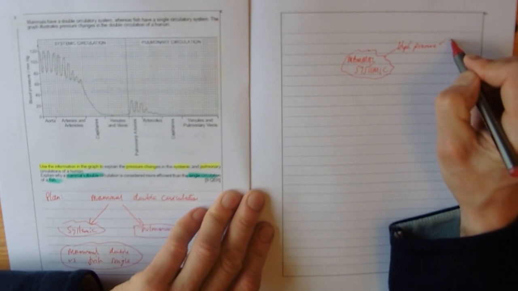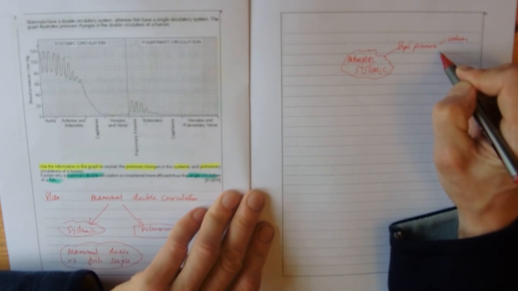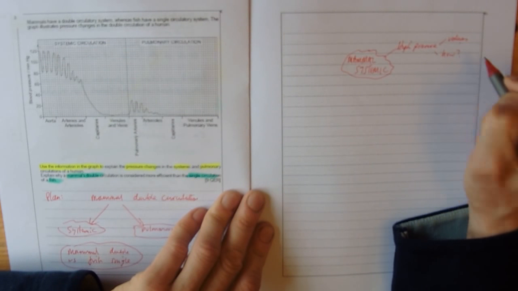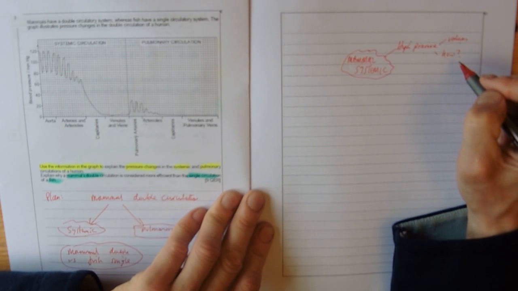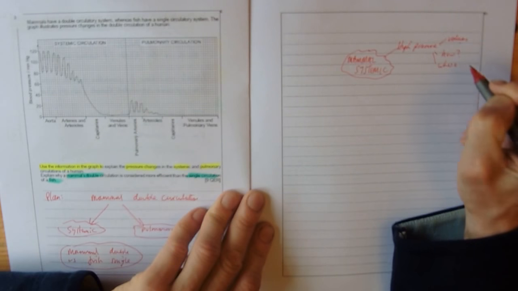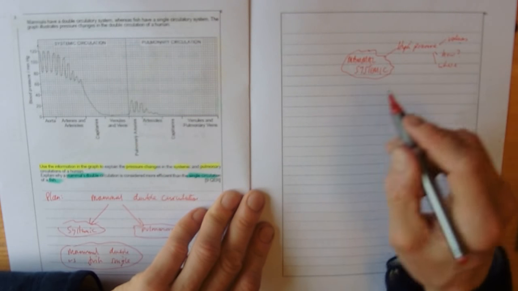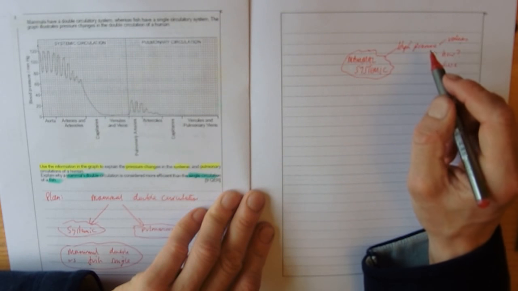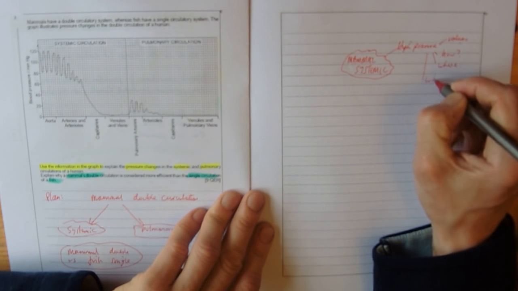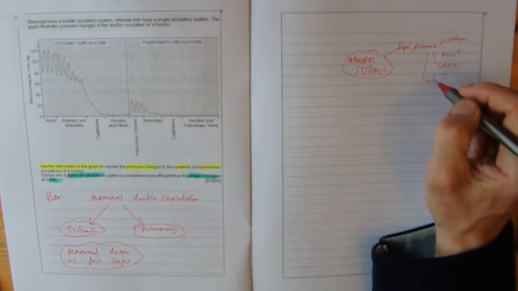And we want values from the graph. How this happens, what's contracting, where this is happening, why do we need high pressure?